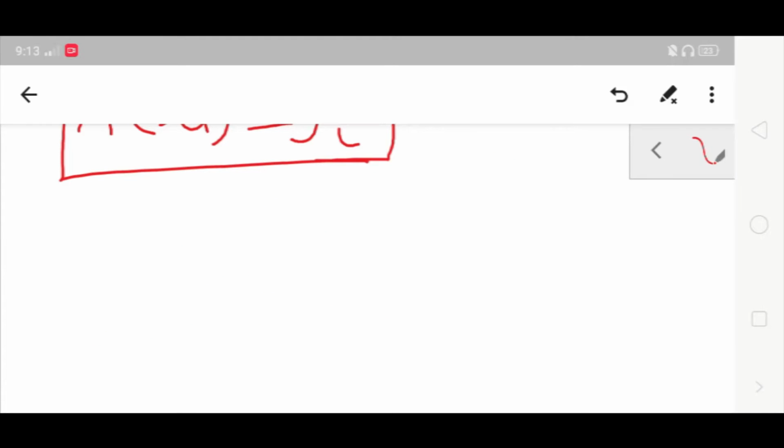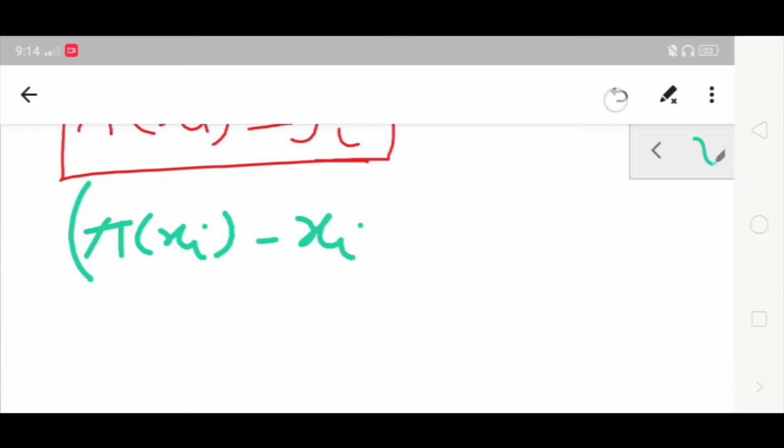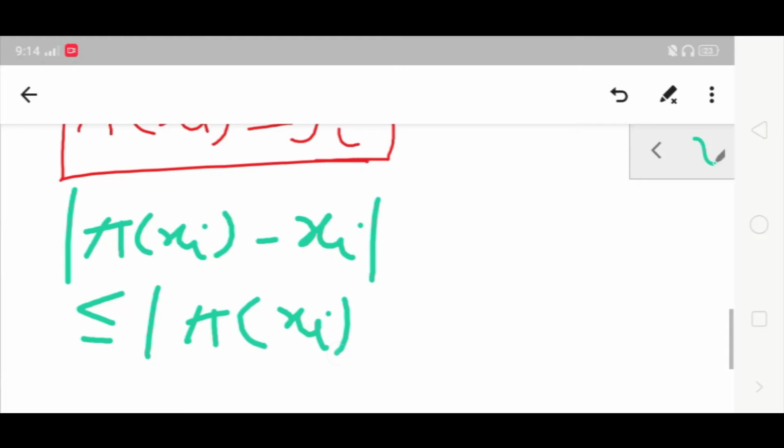Now here is something which must be noted at first: look at pi of xi minus xi. I take the modulus of this, meaning the difference of the number and its permutation, since we take the positive terms. And note that this is obviously less than or equal to the difference between pi of xi and x2020.